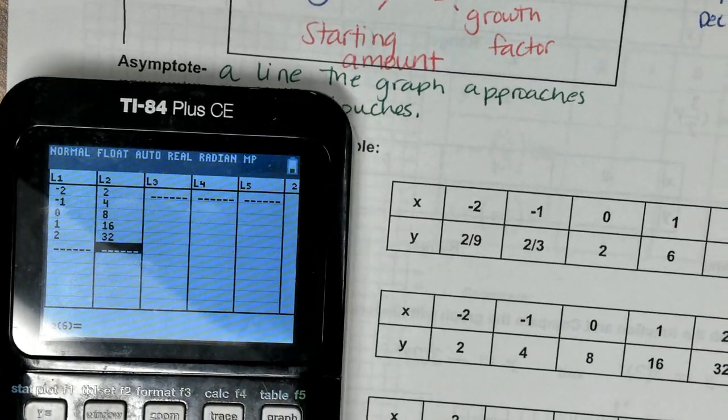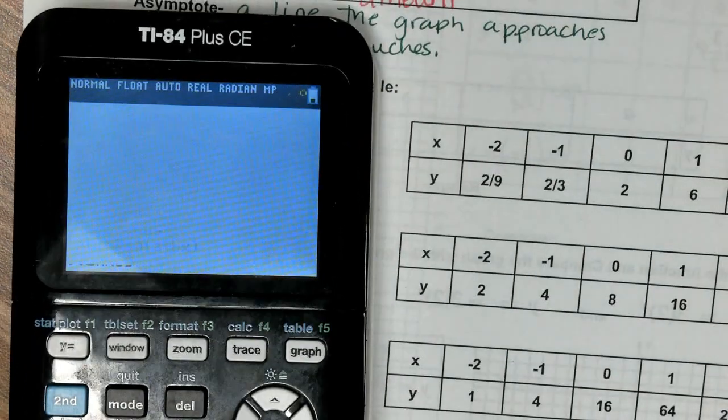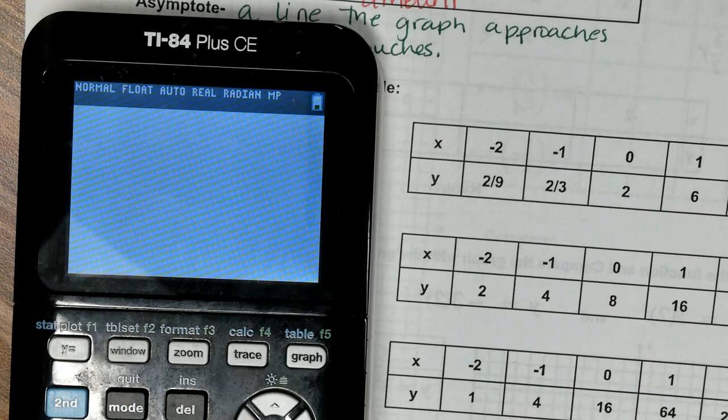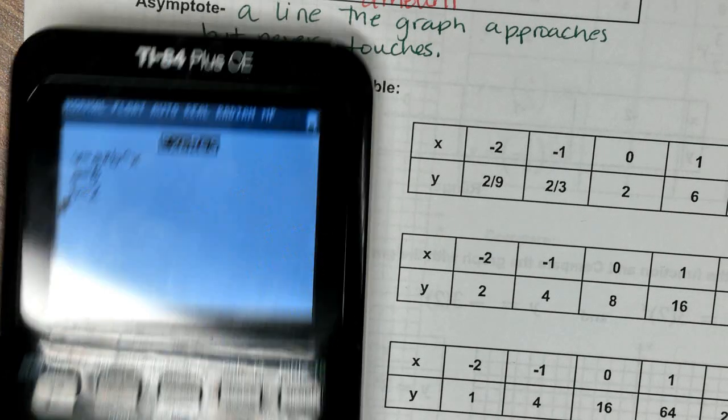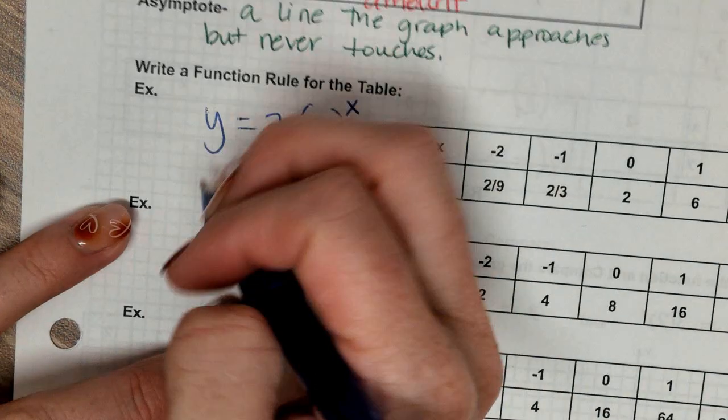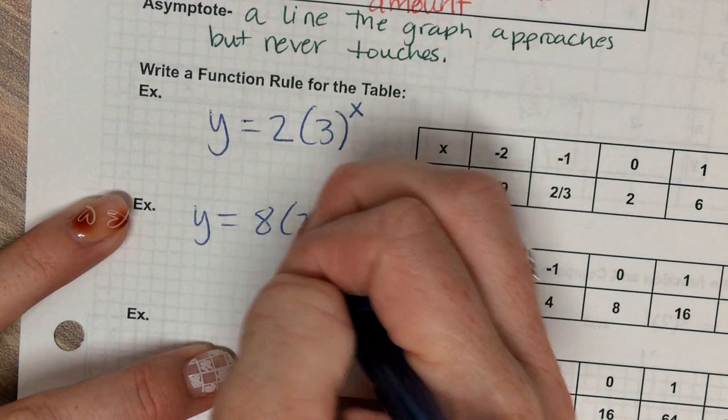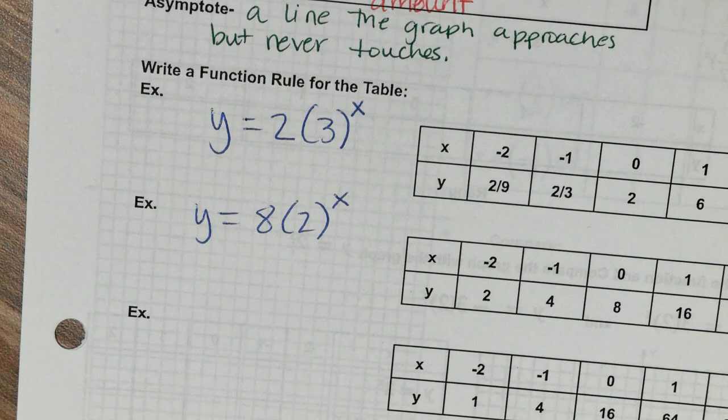Okay, now that I have it in, I go to Stat Calc, option 0, and my equation is y equals 8 times 2 raised to the x power. Do y'all have any questions? Y'all feel okay about this?